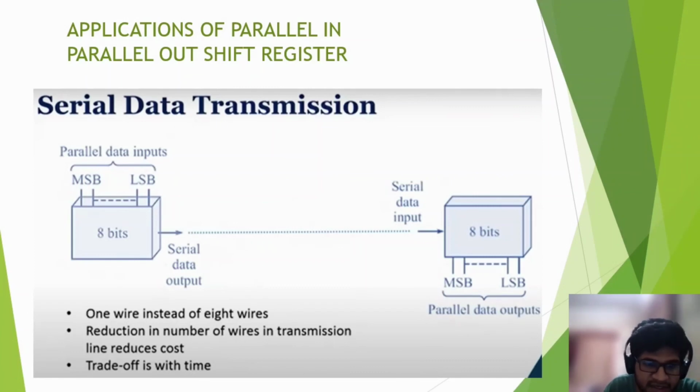This is converted to serial data. This is done because rather than using 8 wires, we can use 1 wire, which reduces the cost and material. The serial data output is then transmitted to the destination as serial data input, and from there the serial data input is converted to parallel data output. The conversion from parallel data to serial data is done by a converter.